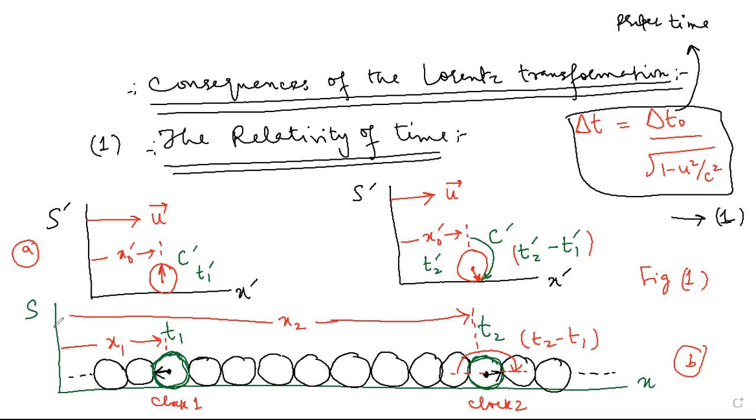These all are clocks. Now clock C prime is at rest in the frame of S prime, who moves at speed u relative to S. S prime measures the time interval delta t prime. This is my delta t prime.